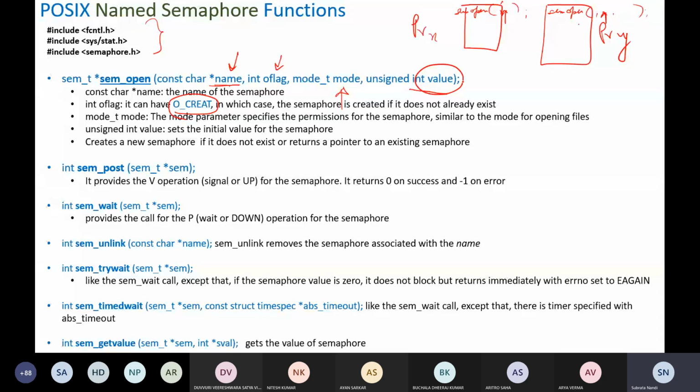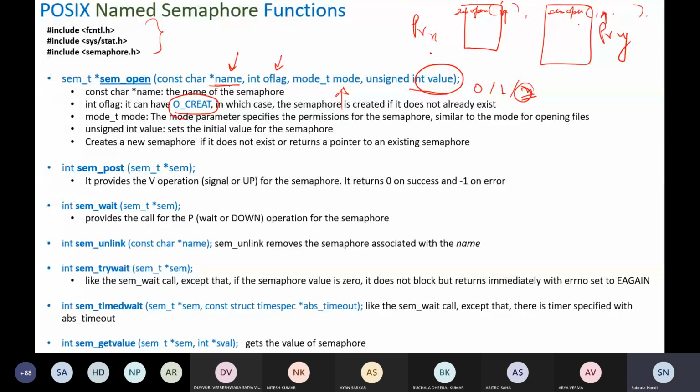We know that every semaphore needs to be initialized, so it will be created and initialized by the creator. It can be either 0 or 1 in case of a binary semaphore, or any value n in case of a general semaphore. So all in one step, you can create a semaphore and set its initial value.